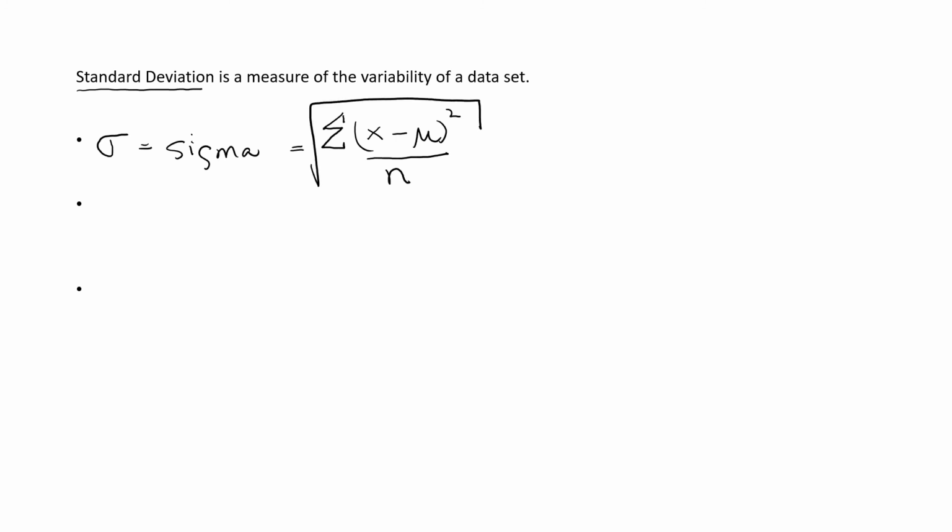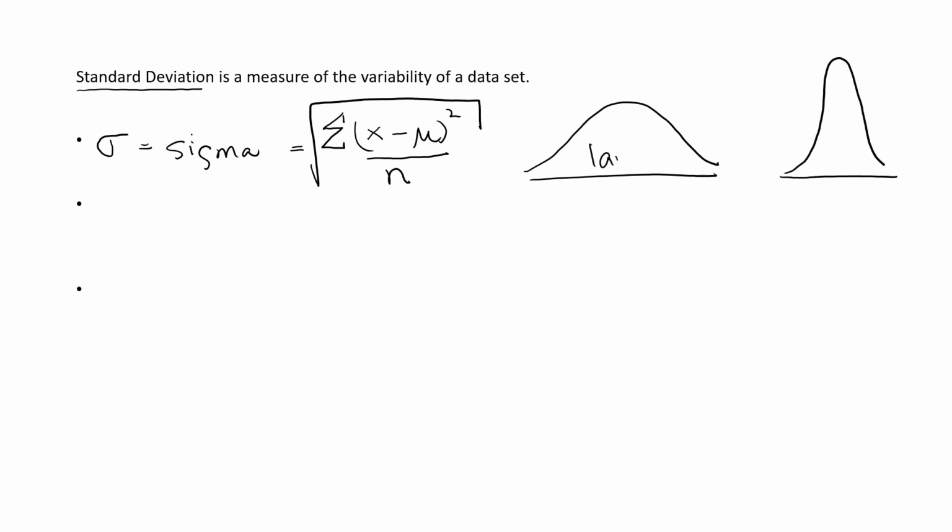We're going to be practicing using that formula, but sigma tells you how much variation there is. So a wide graph compared to a narrow one would have a large sigma, and the narrow one would have a small sigma.